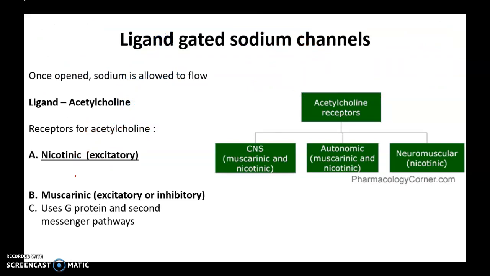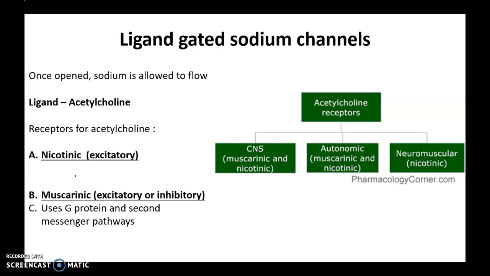Okay, so this is again just a review slide from what we have drawn out, talking about ligand-gated sodium channels. We need a ligand to bind to a receptor, which will open up the gates, and as the gates open, sodium will rush in. The ligand is acetylcholine, and the receptors to which acetylcholine binds are called cholinergic receptors. We did talk about that.